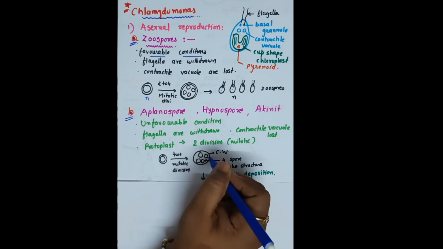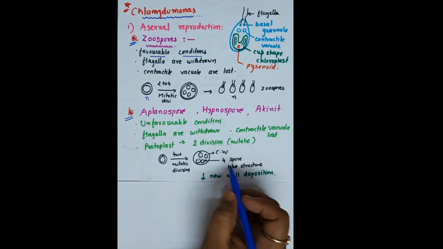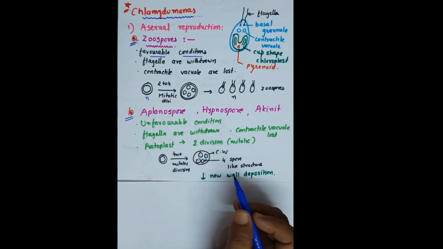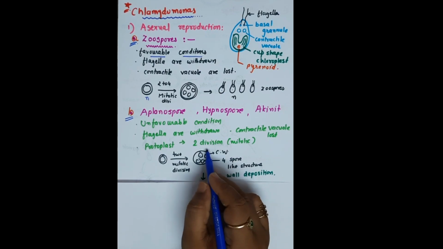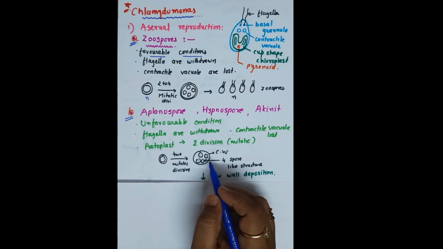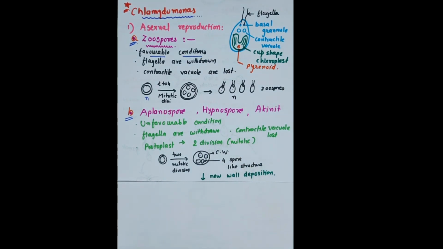So this is the cell wall and these are 4 spores because 2 divisions occur. This is a spore-like structure. Now, a new cell wall is formed or deposited. That depends on the type of cell wall. They may be aplanospore, hypnospore or echinites.